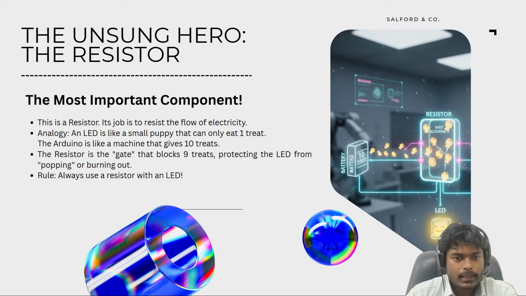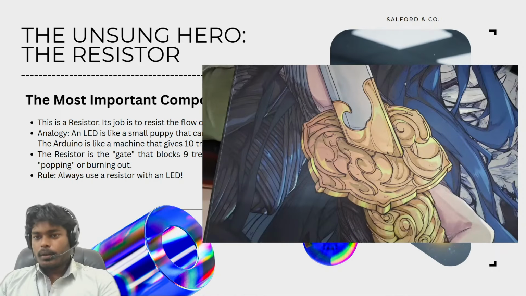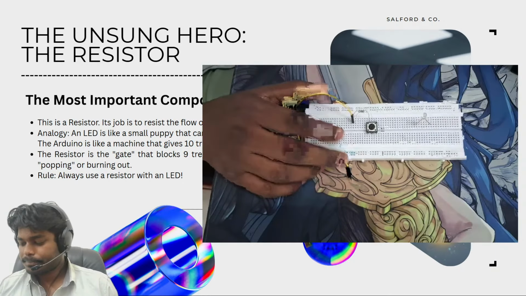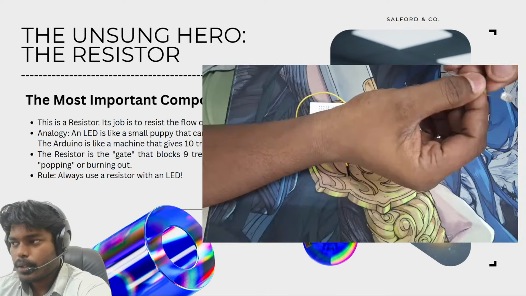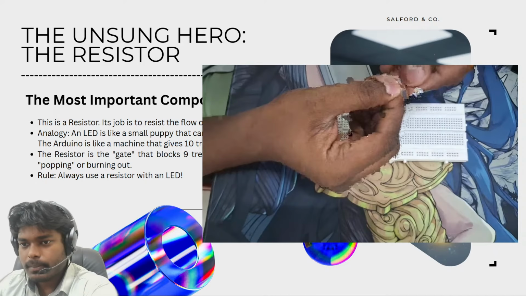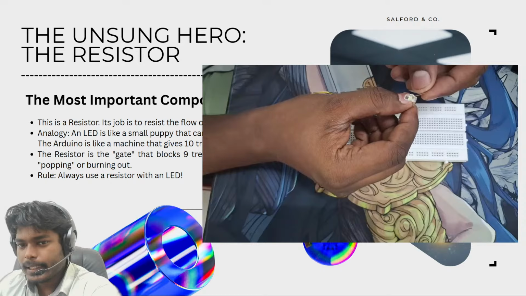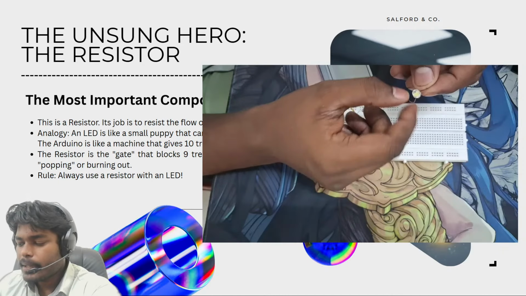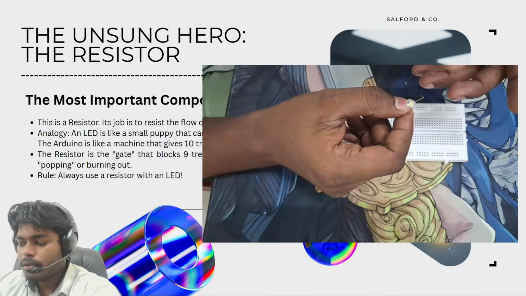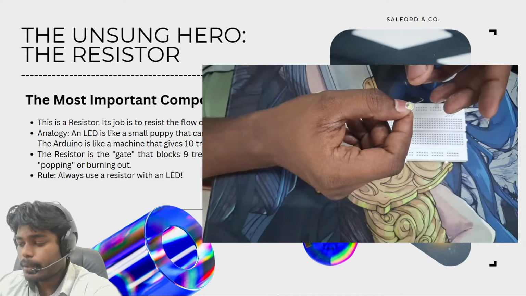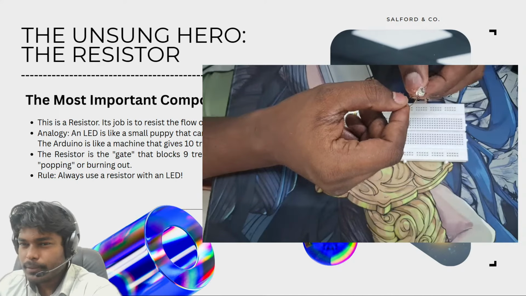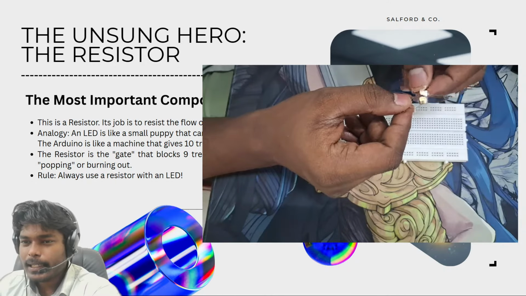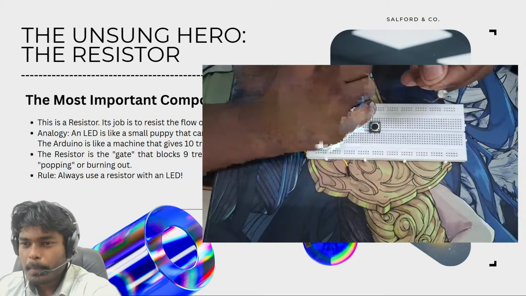As you can see here, I have an LED. I think my screen is visible. This LED works only if we provide it a voltage under 5 volts. So can you imagine what will happen if I provide this LED 6 to 7 volts?